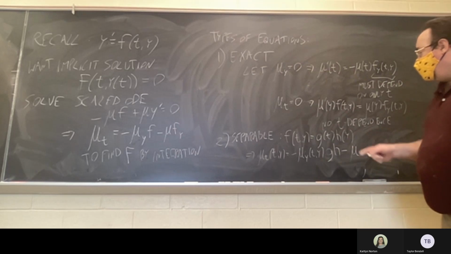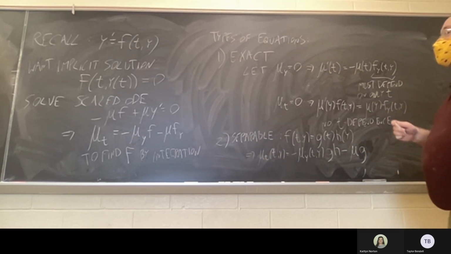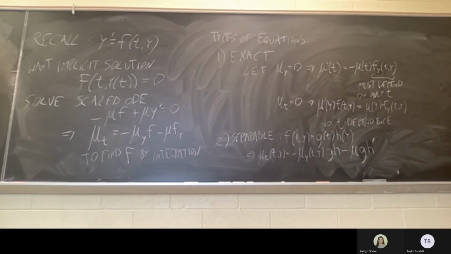But that's going to be g again times h prime of y. Okay. So what we want to find out is, is there a way we could find a relatively simple function mu that would have this equation be satisfied?